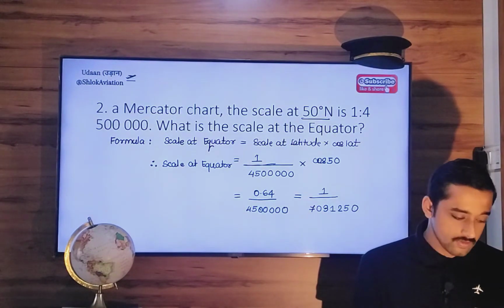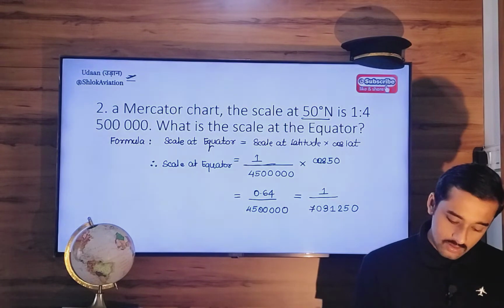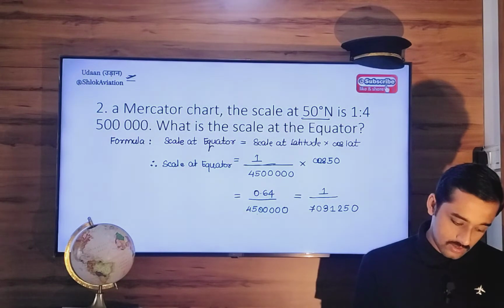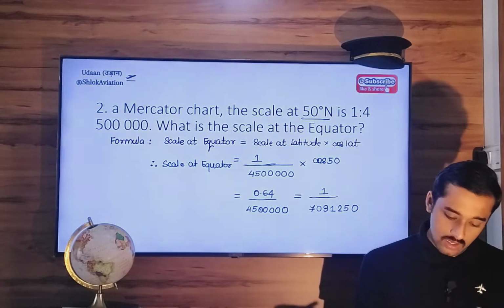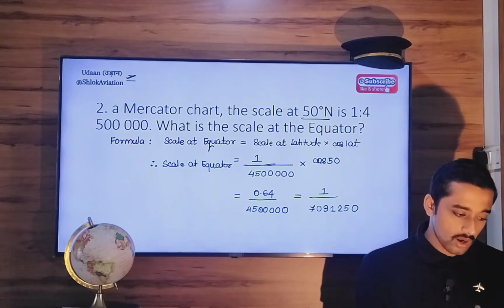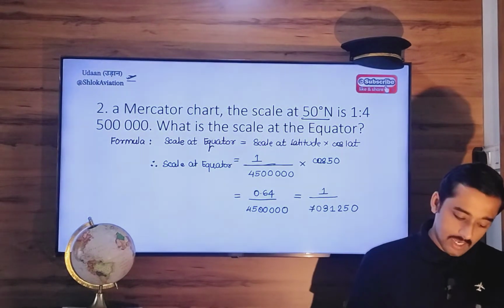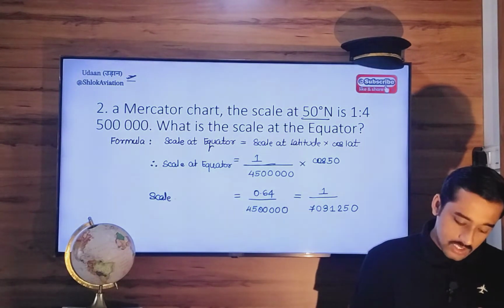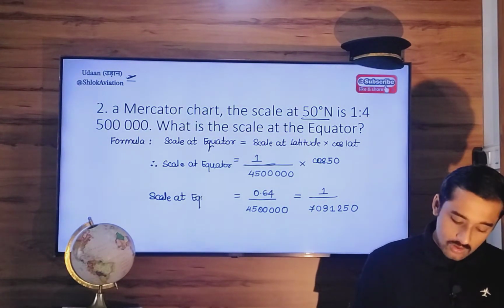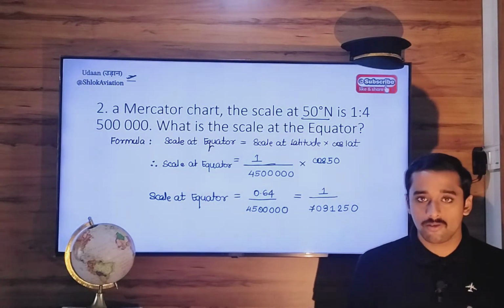So the scale at equator will be equal to 1 divided by 7031250. Select that option which has a value closest to this particular value.